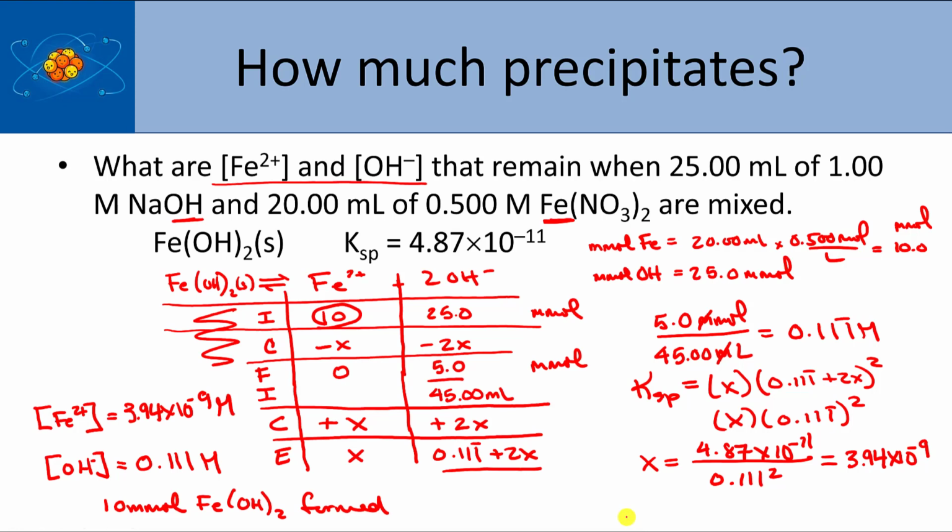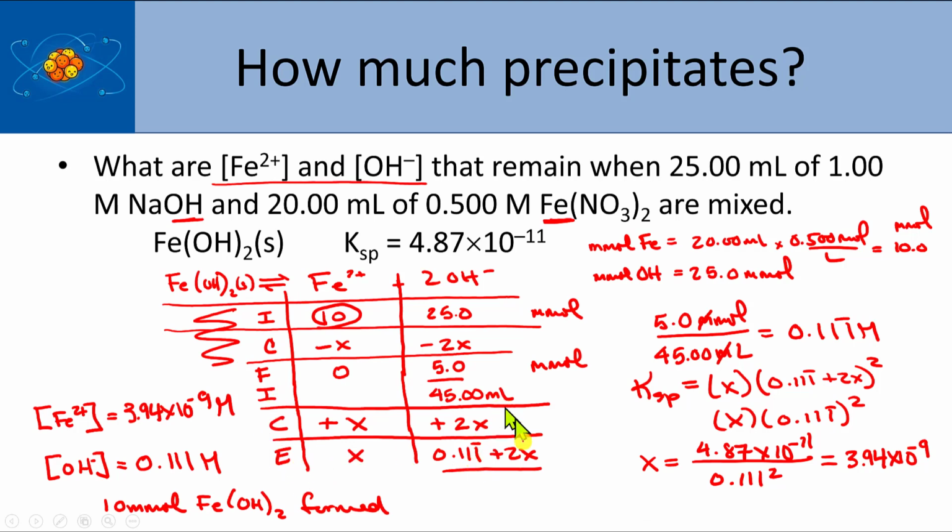Those are all the various permutations of that problem. One will be how much precipitate forms, how much is the iron concentration, what's the hydroxide concentration. These problems are pretty lengthy and take a little bit of thought to get through. But every single one of them is essentially done this way, where you figure out what it would be as a limiting reactant situation. That's the first ice table. And then you calculate back to equilibrium.